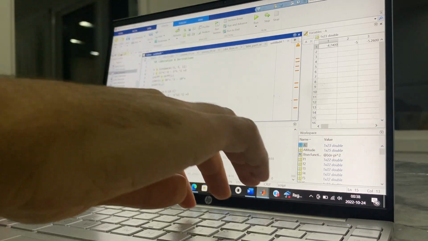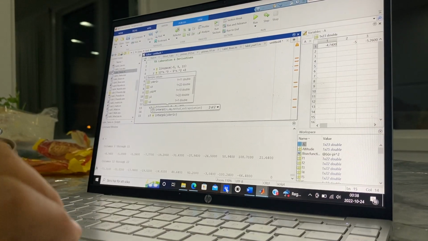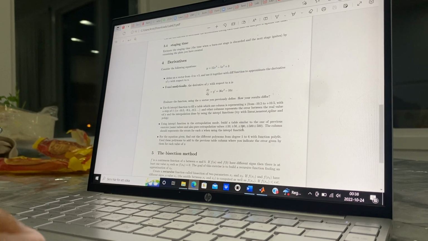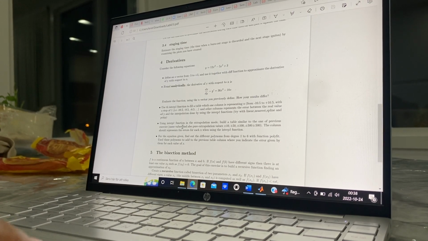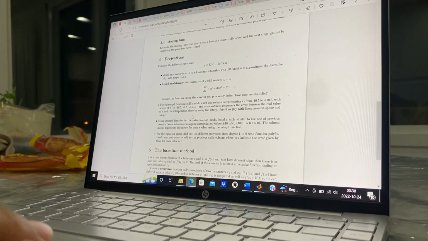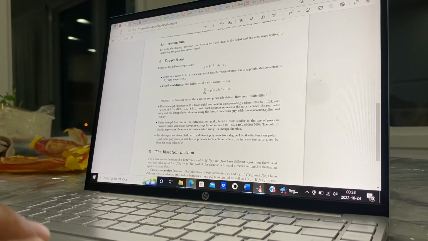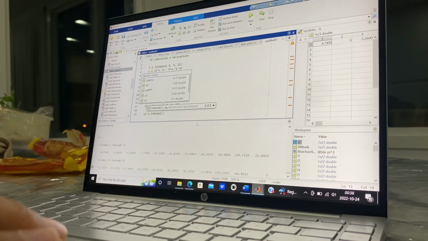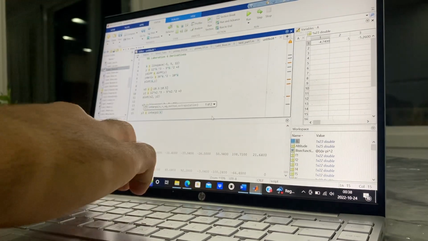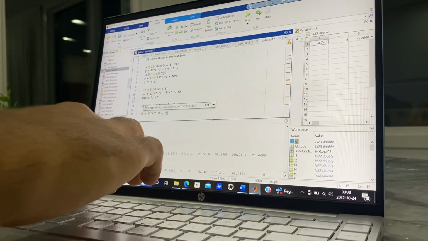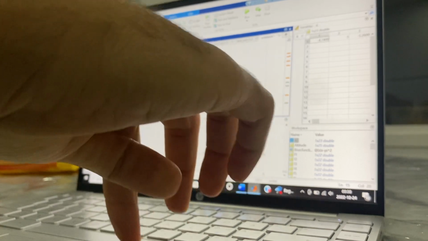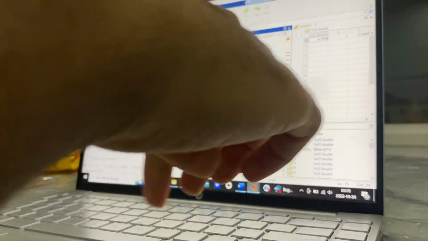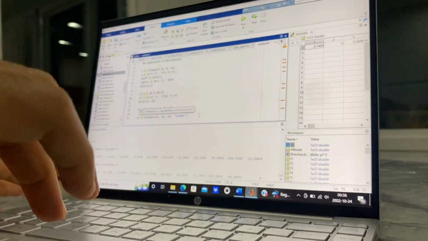So the interp1 takes x2, y2, x3 in this case, and I'll use linear here.